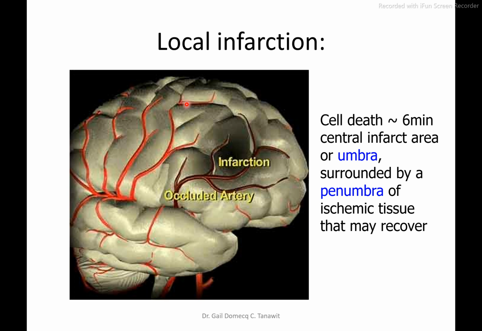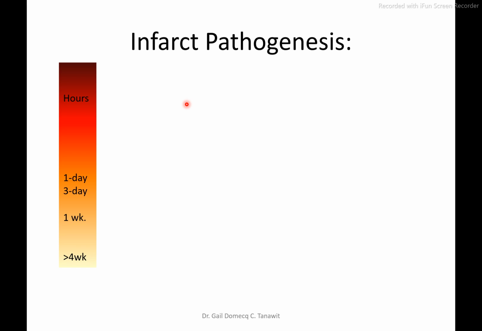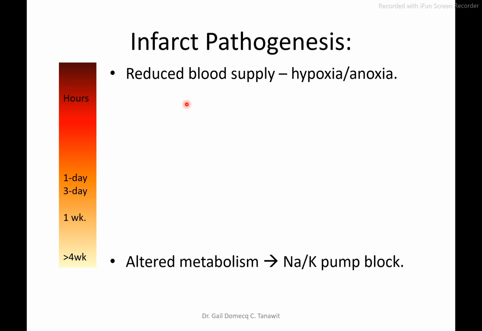Then we have the local infarct, cell death at 6 minutes, with a central infarct area or the umbra, surrounded by the penumbra of the ischemic tissues that may recover. So what happens during the infarct? Reduced blood flow leads into hypoxia and anoxia.